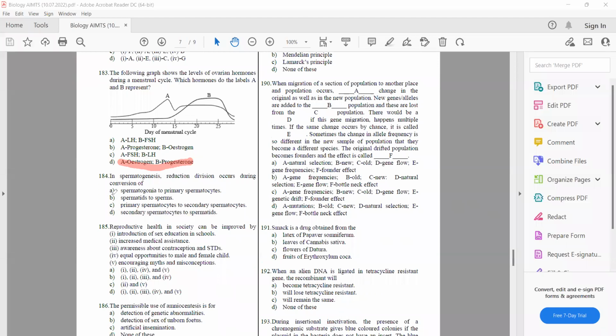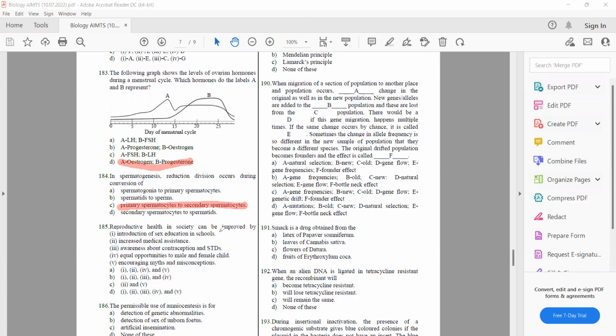In this question, the reduction division occurs from the primary spermatocyte to the secondary spermatocyte, where the chromosome number is reduced. This results in the formation of two haploid secondary spermatocytes. So reduction division occurs during the conversion of the primary spermatocyte to the secondary spermatocyte.